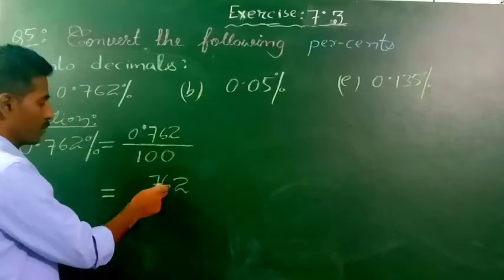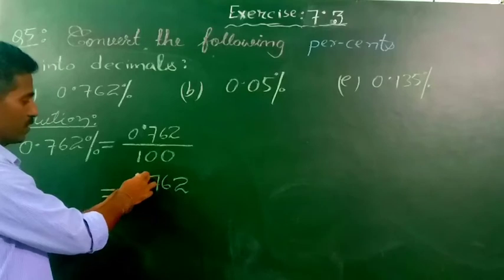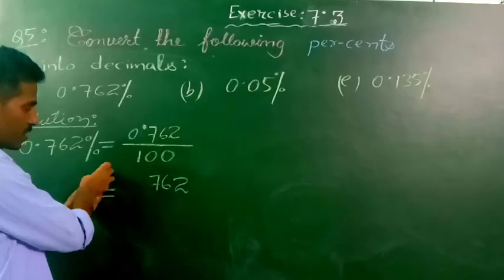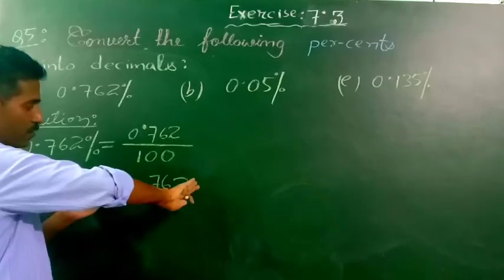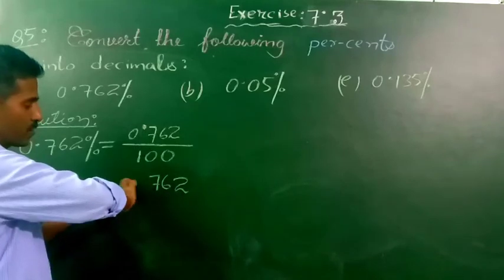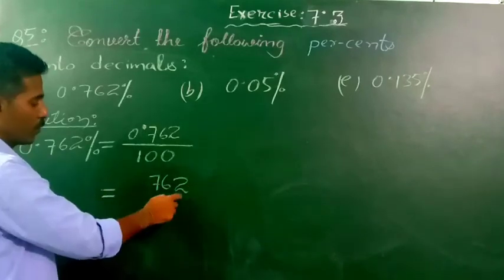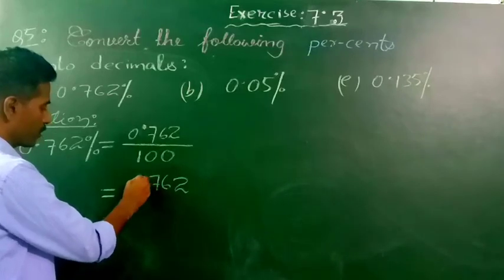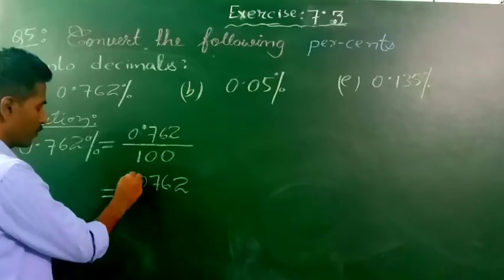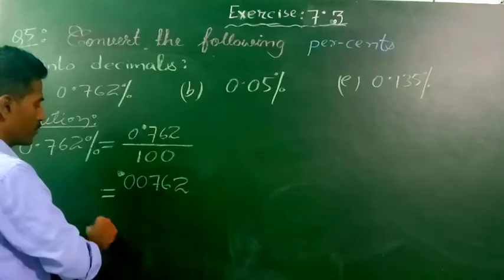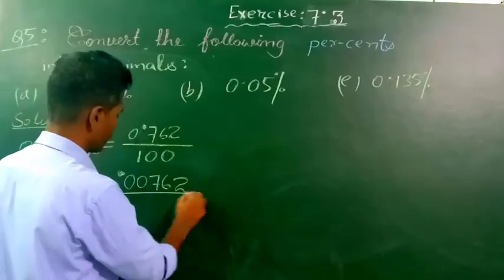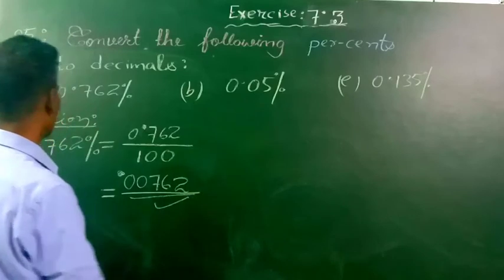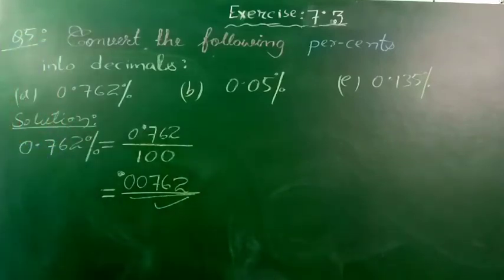Now if the decimal comes 2 more digits left, after the decimal there will be 5 digits. So 1 2 3, I'll make it 5 by putting zeros, 4 5, decimal, 0.00762. This is the solution for question number 5, sub question A.